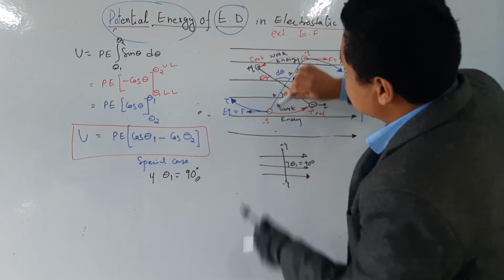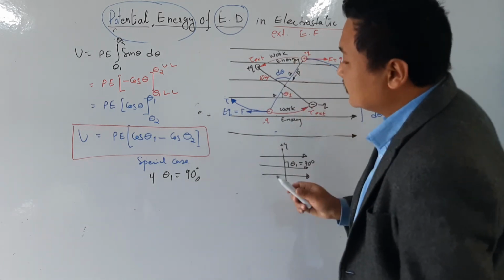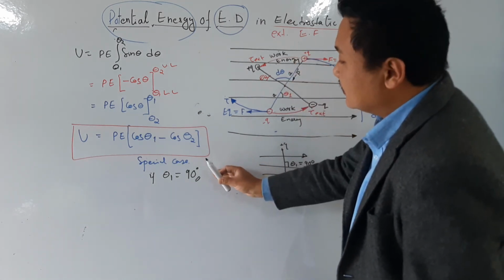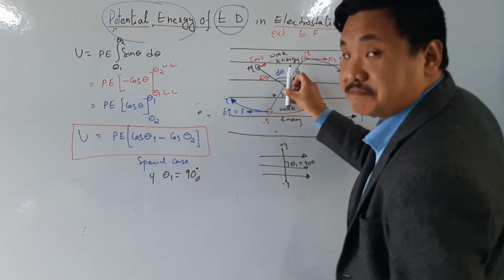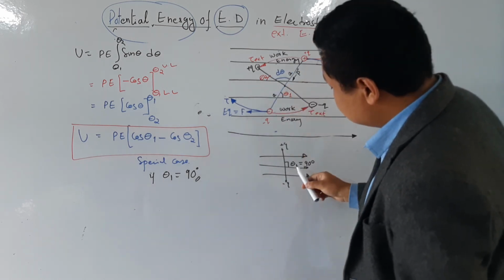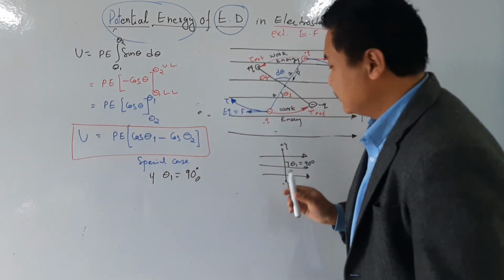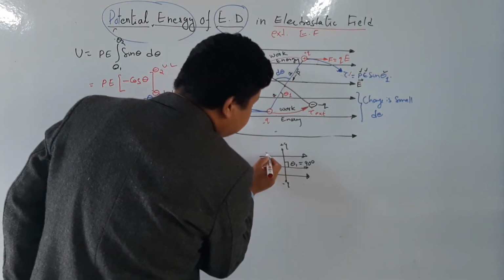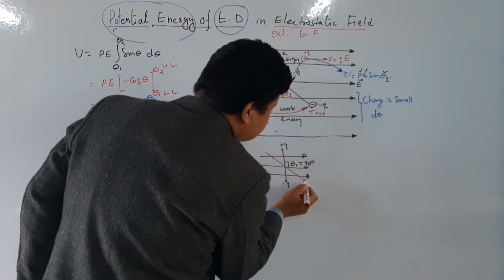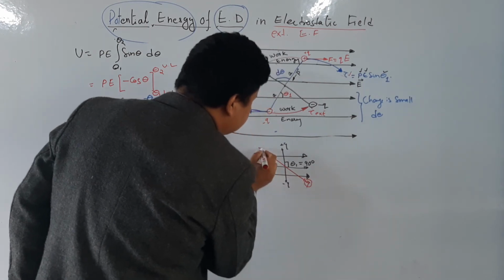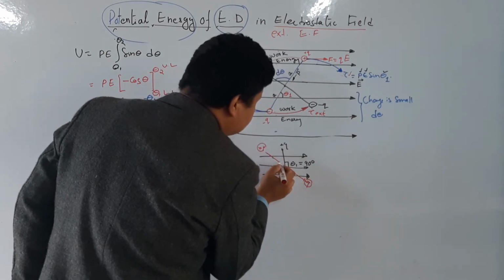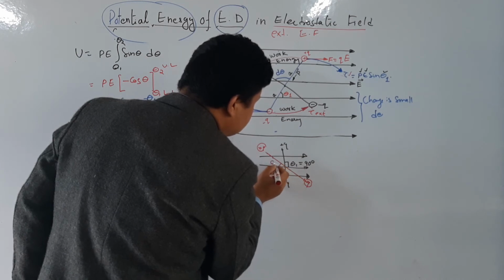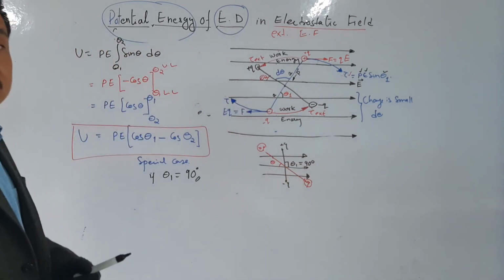First I had considered it like this, but in the special case, let theta 1 be like this. From there I have done something like this: this is minus Q and this is plus Q, and this is the angle, I will just write theta. Okay, understood?